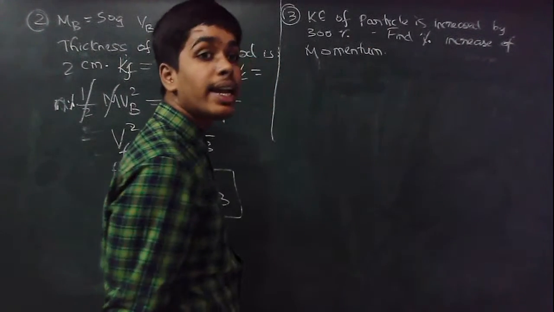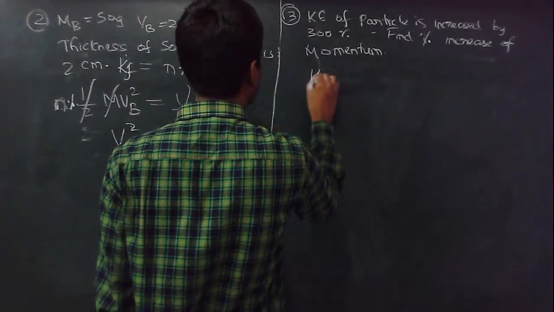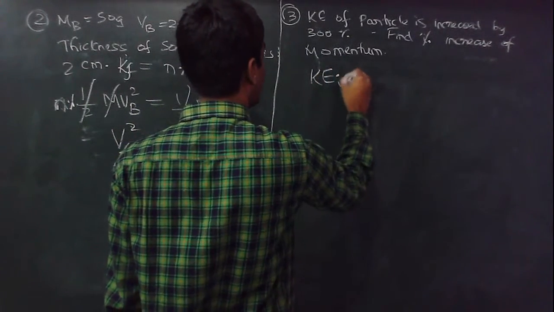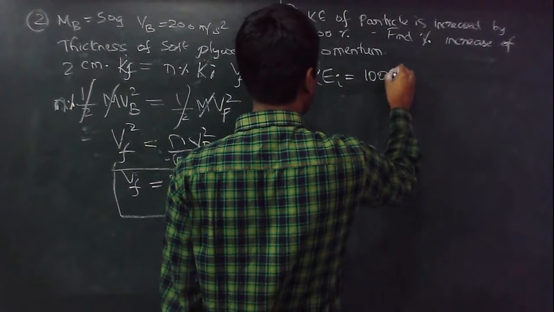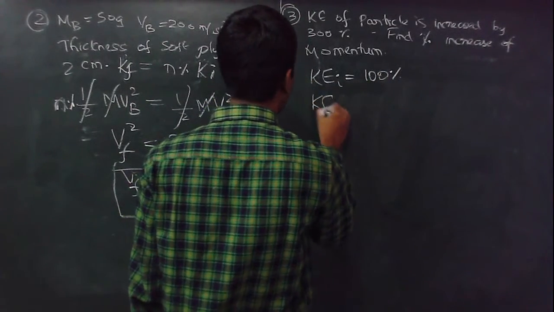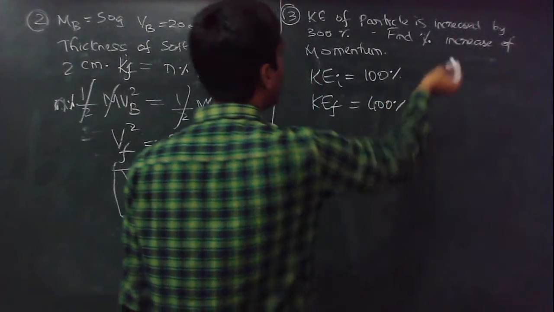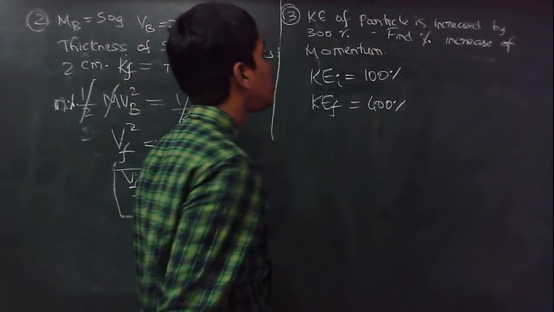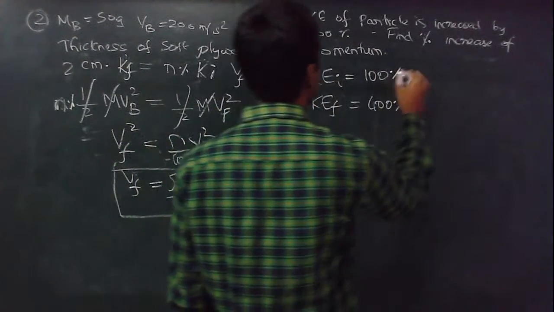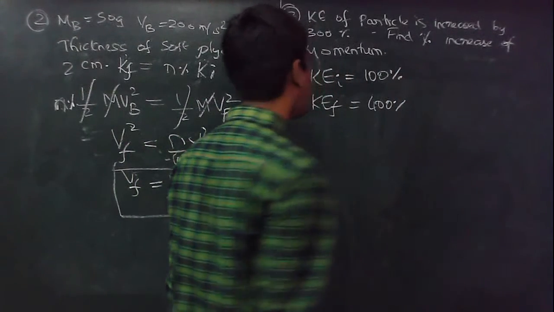So first, KE initial is equal to 100% and KE final is equal to 400%. It is saying that it is increased by 300%, so the initial KE is 100%.